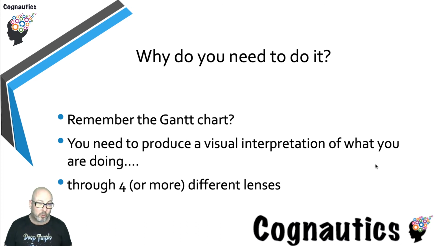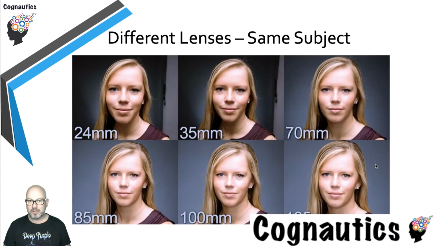I've talked before about lenses, about using different lenses to look at a subject, and here's the actual example of lenses. So here you can see a subject taken through 6 different lenses, from a 24mm lens through to a 135mm lens. And if we're going to insist on being accurate, the 24mm is the distance from the end of the glass of the lens to the actual sensor of the camera.